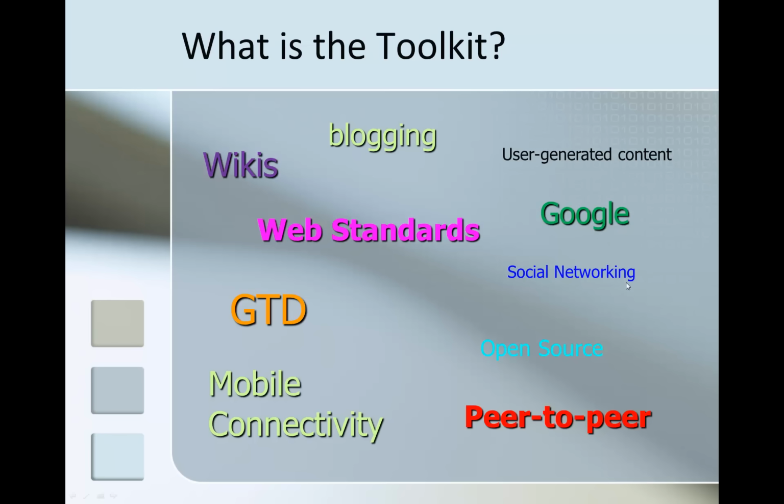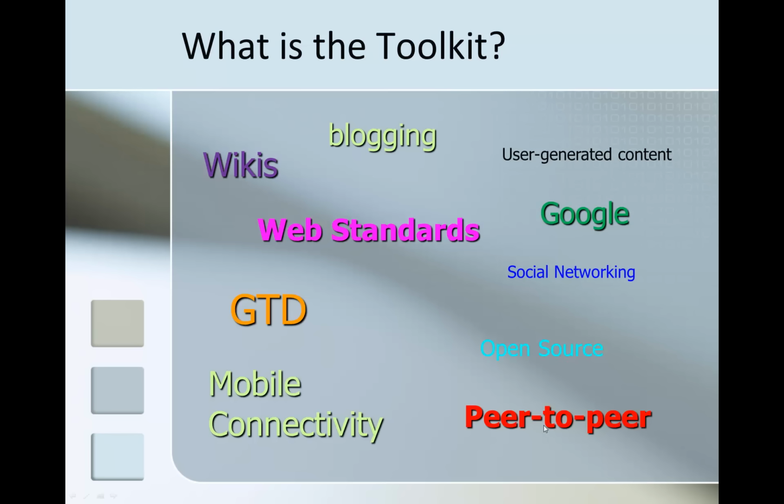Social networking is what we expect it to be: Facebook, Twitter, Google Plus, those types of applications. They're open source in nature, meaning that the source code is available to the users to edit and tweak as needed.